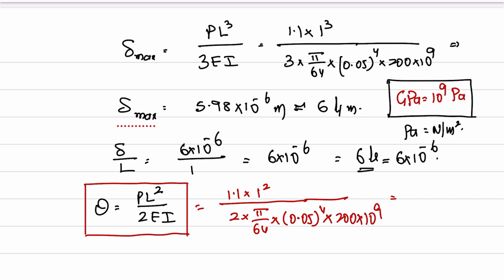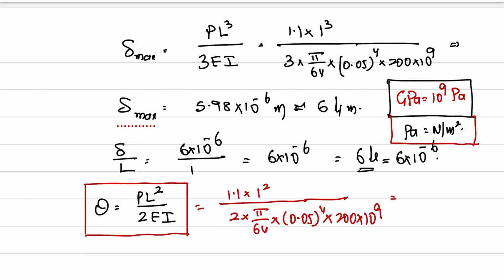KPa is 10 to the power of 3 Pa. You have to remember these units. Some questions are asked in SSC JE about the units of the stress. Let it be any stress, shear stress, bending stress, tensile stress, compressive stress, stress means force by area. Force is in newtons, area is meter square.